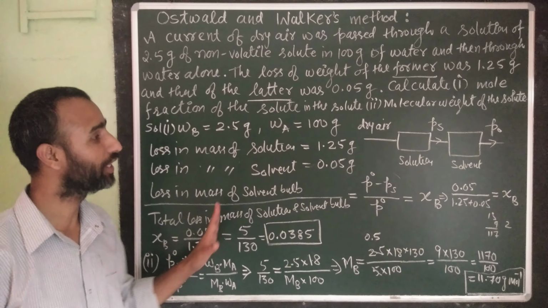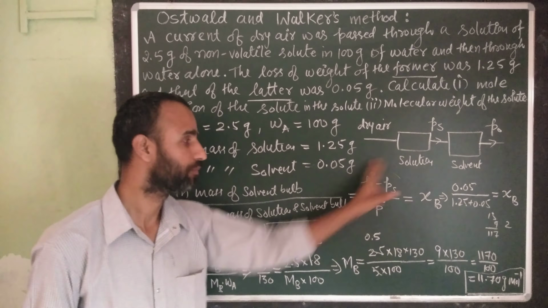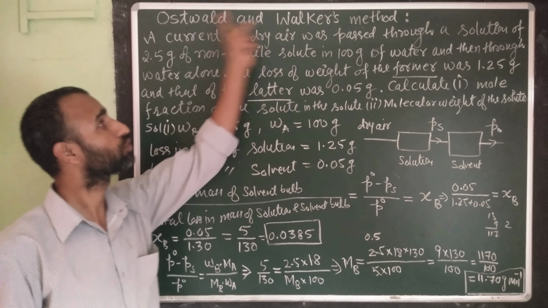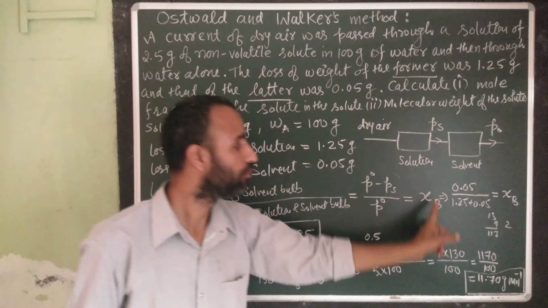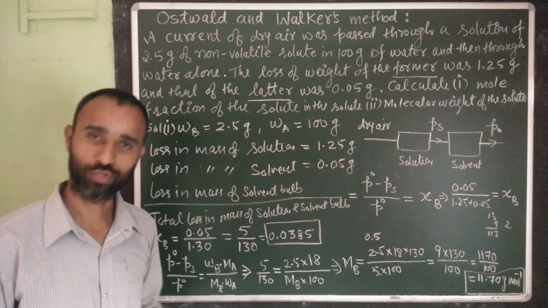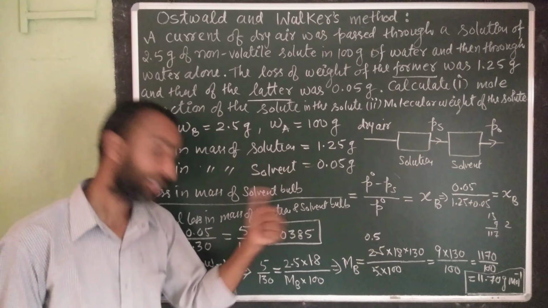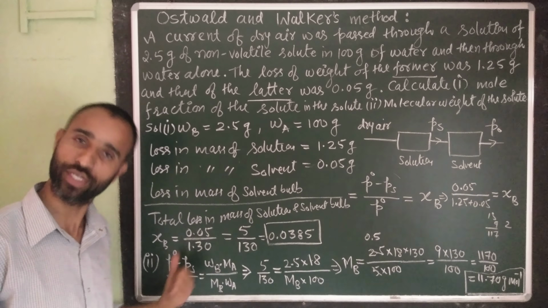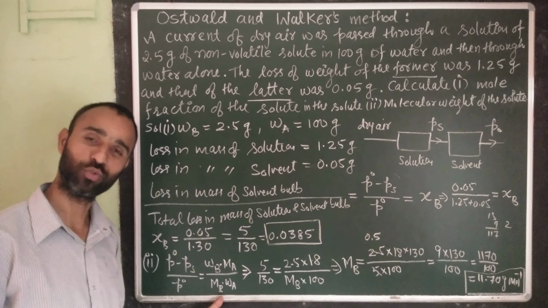So in this way, first we calculate relative lowering of vapor pressure by using Ostwald and Walker method, and that is equal to mole fraction of the solute, that is 0.0385. Then we apply this relative lowering of vapor pressure to calculate molecular weight of the solute.